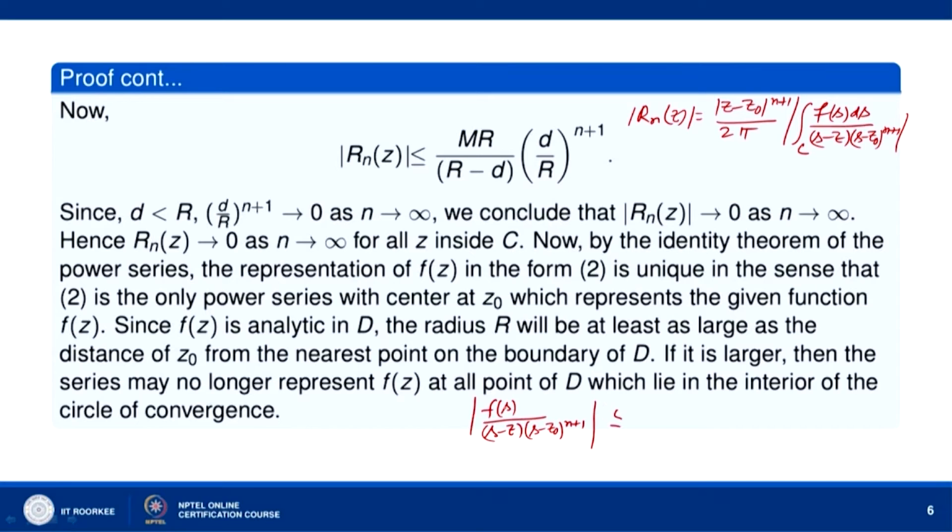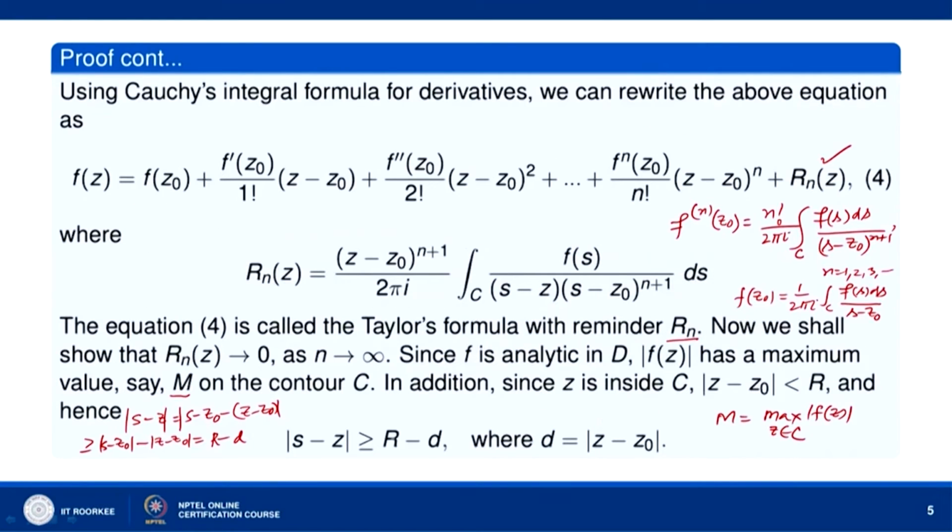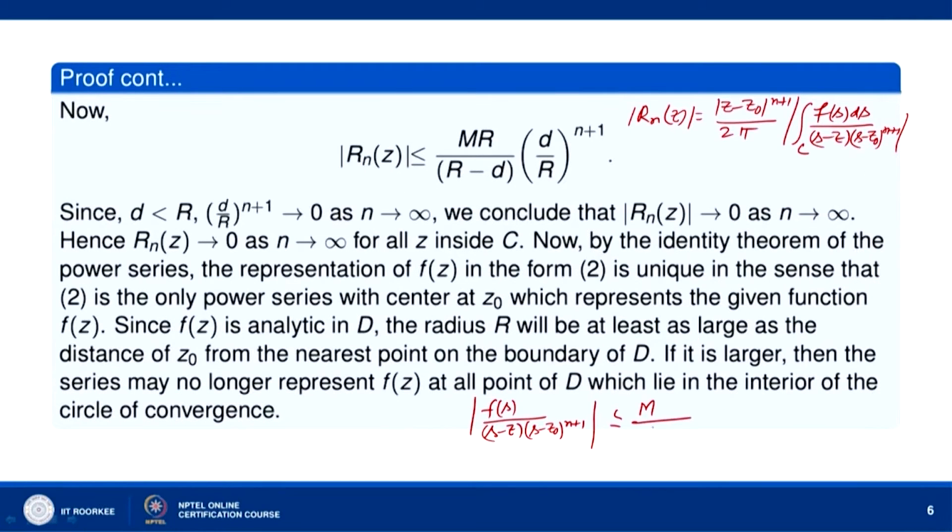This is less than or equal to, since mod of f s is less than or equal to m, because m is the maximum value of mod of f z along the curve C, and mod of s minus z is greater than or equal to r minus d, so this is less than or equal to m by r minus d, and mod of s minus z naught is equal to r. So, r to the power n plus 1.